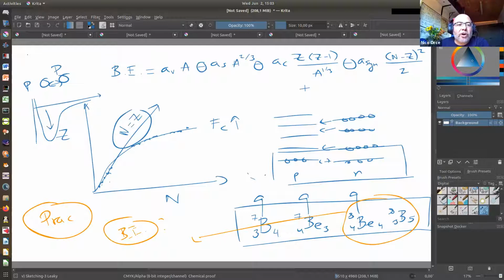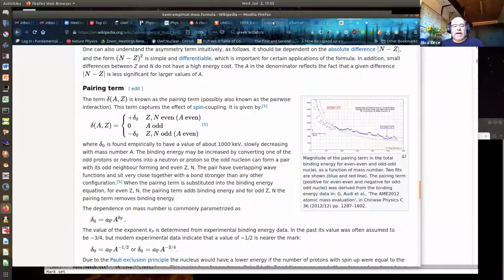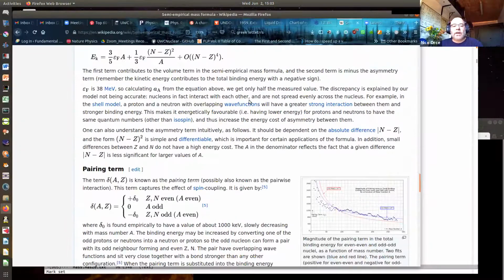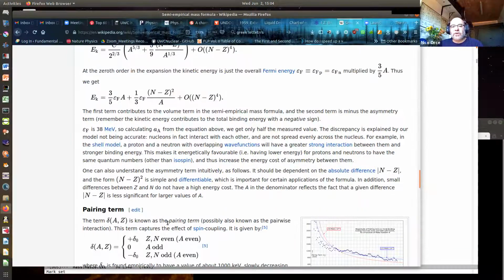And this is a phenomenon of the short range interaction of the nuclear force, right? This is called the pairing factor, and as you see here, it is determined depending on whether you have an odd nucleus or an even nucleus. That's why I'm asking you this question right now.